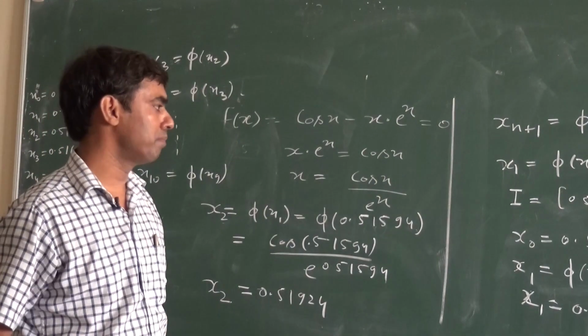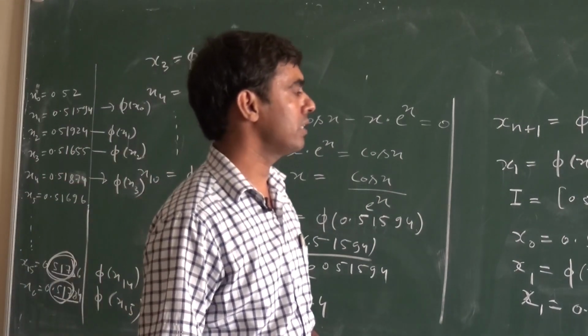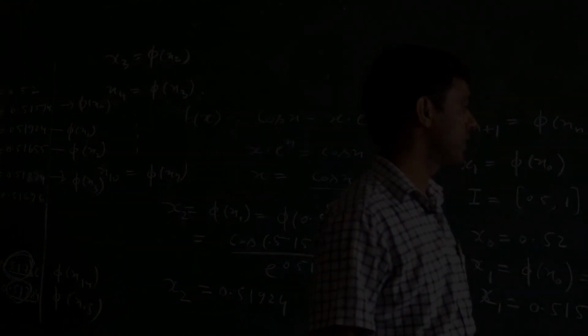So these are the two examples: one is an algebraic equation and the second one is a transcendental equation.